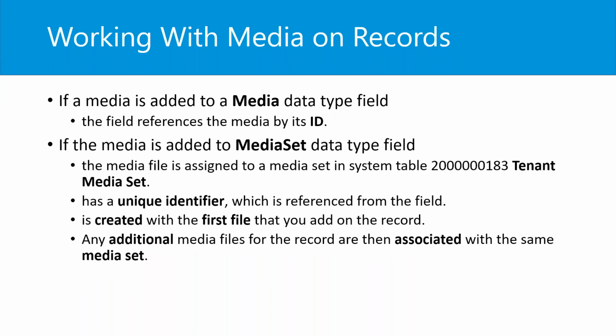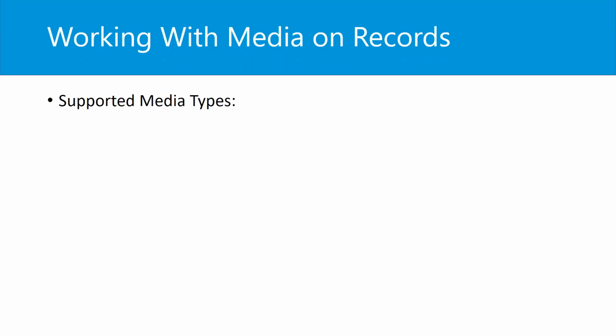If we add media to a media set data type field, then the file is assigned in the system table tenant media set with a unique identifier from the field that's created with the first file that we add. So the first one that we upload gets the ID. All of the other ones in the same collection or media set will be associated with the same ID. So that's how it works behind the scenes.